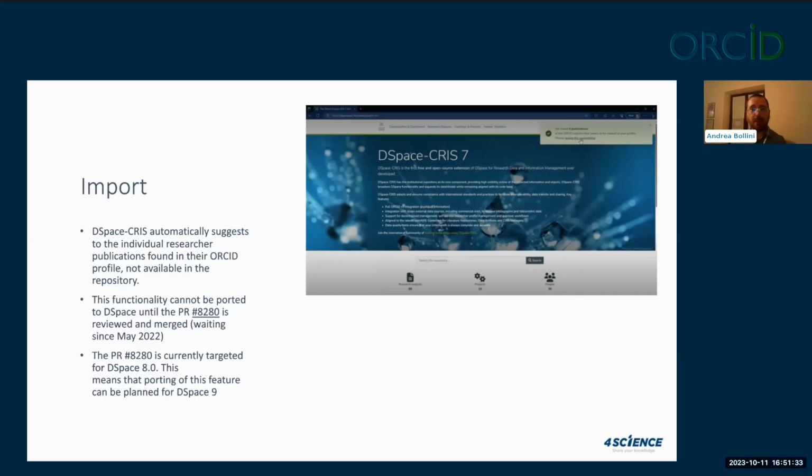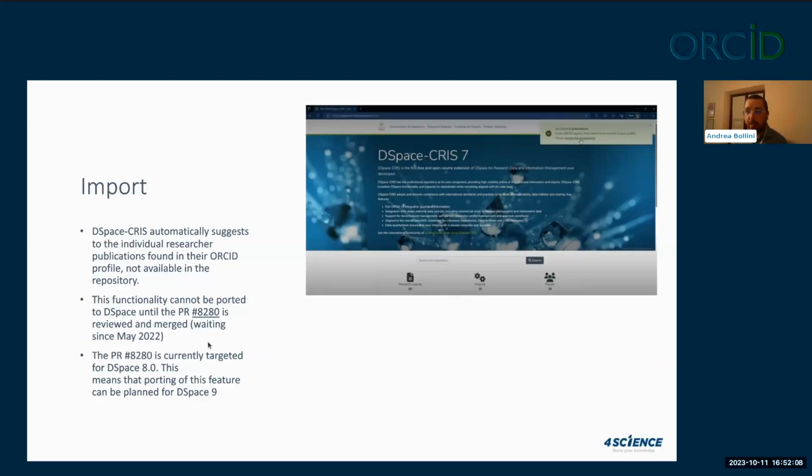If you have access to the premium ORCID API, we will take advantage of the ORCID webhook feature to provide this information in near real time. So as soon as your researcher adds something to their ORCID profile, or another system adds something to the ORCID profile of your researcher, DSpace will be informed, and a notification message will appear for your researcher saying that there is content they may be interested in importing.